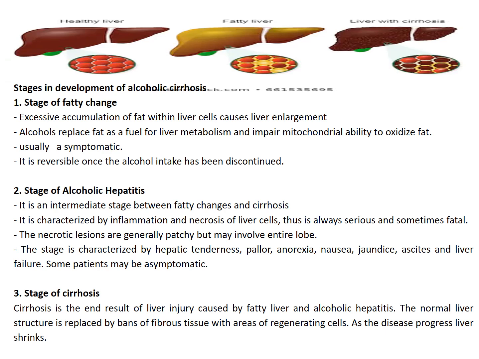The picture above shows the healthy liver, then the fatty liver, which becomes yellowish in color and increases in size. And in the third picture, it is a liver with cirrhosis, which becomes nodular and shrinks, becoming smaller in size.